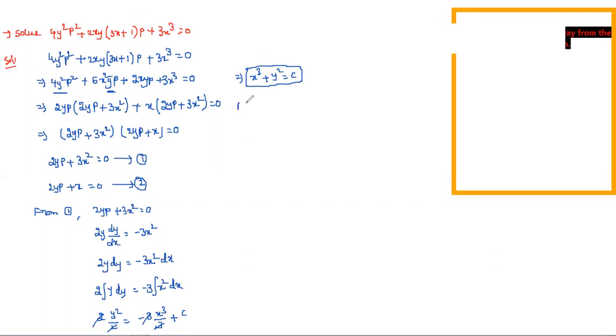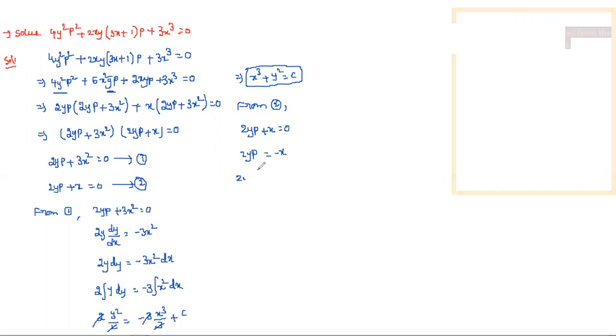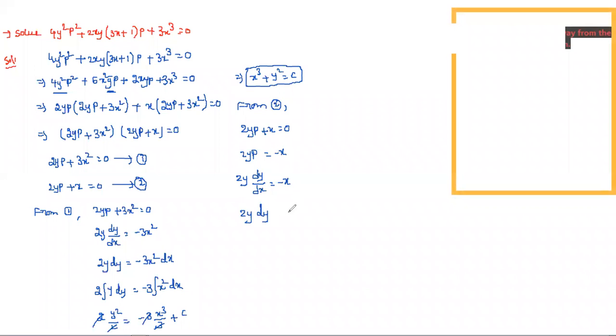And for the second equation, from equation 2, 2yP plus x is equal to 0. And then 2yP is equal to minus x. And then 2y into P is nothing but dy by dx is equal to minus x. And 2y dy is equal to, you can take that dx to the right hand side, minus x dx. And apply integration on both sides. 2 is a constant.